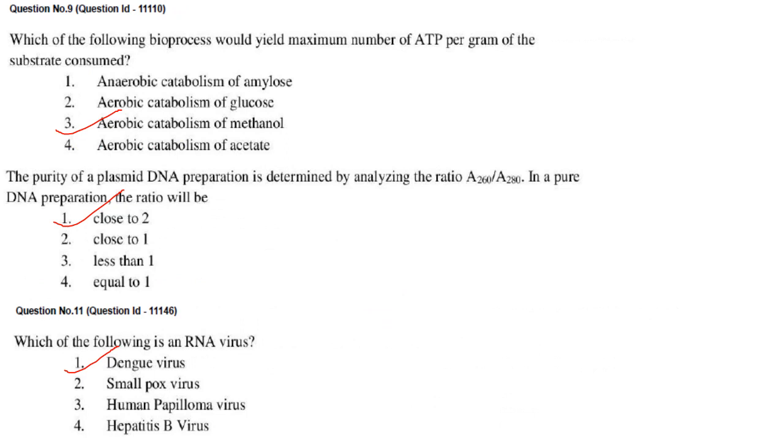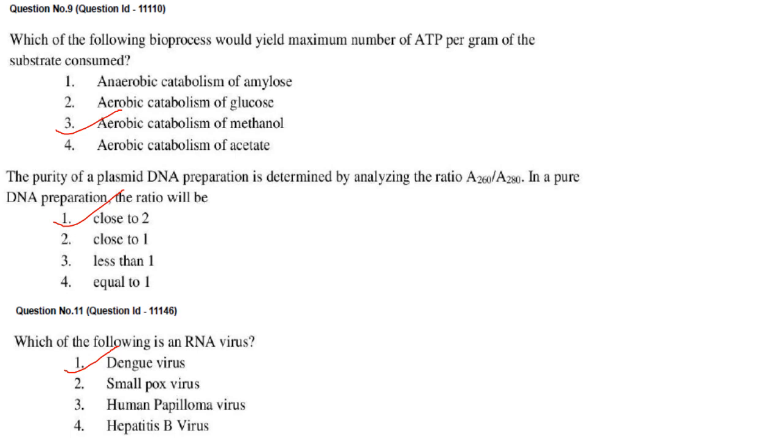Then which of the following bioprocesses would yield maximum number of ATP per gram of substrate consumed? So the one with lesser molecular weight. If you see methanol, it has a molecular weight of 32 and acetate is having molecular weight of 44 and glucose is with 180. So it is having higher molecular weight.